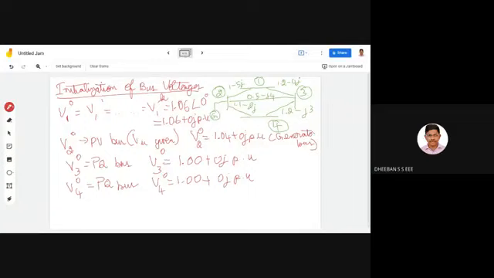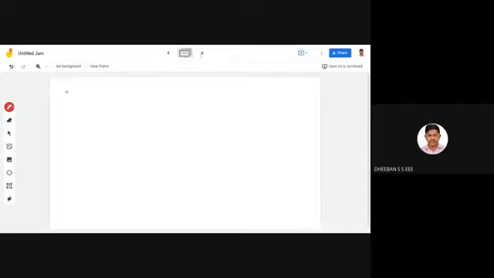And after this, as per the algorithm, next you will be moving towards your iteration step. Before getting into the iteration step, you have to write your voltage equation. So we will be moving on to the iteration step.